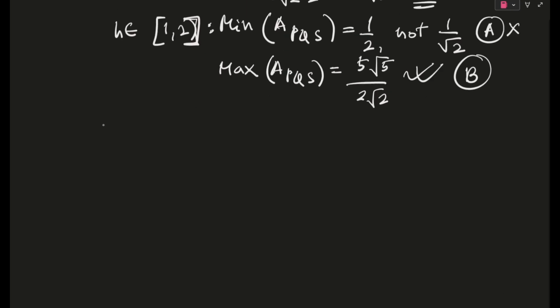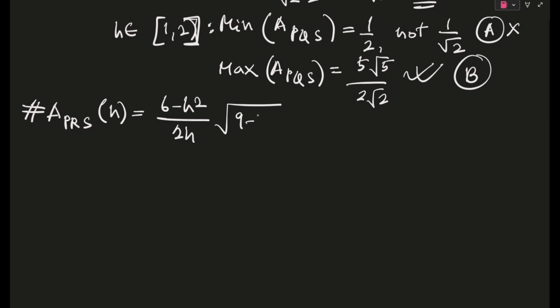So now let's move on to our triangle PRS. And in a very same way, A PRS as a function of h, I am writing it like that. And this thing was given to be equal to 6 minus h square by 2h multiplied by root 9 minus h square. Okay.